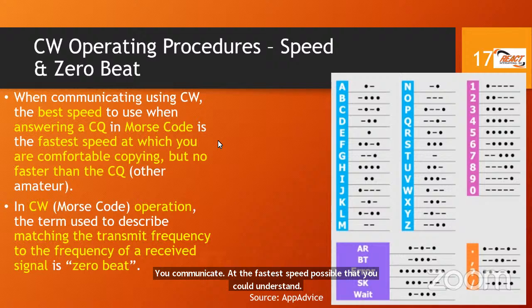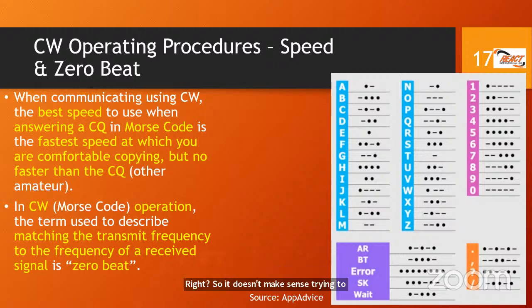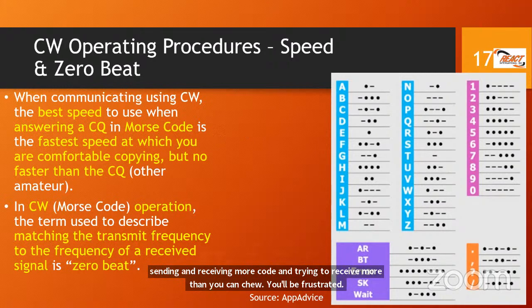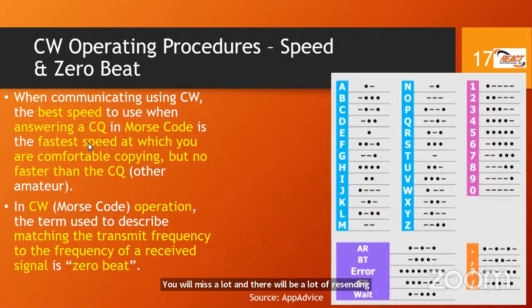So it doesn't make sense trying to receive more than you can chew, right? You'll be frustrated, you'll miss a lot, and there'll be a lot of resending. So you each go at a speed that's the fastest that you can tolerate.